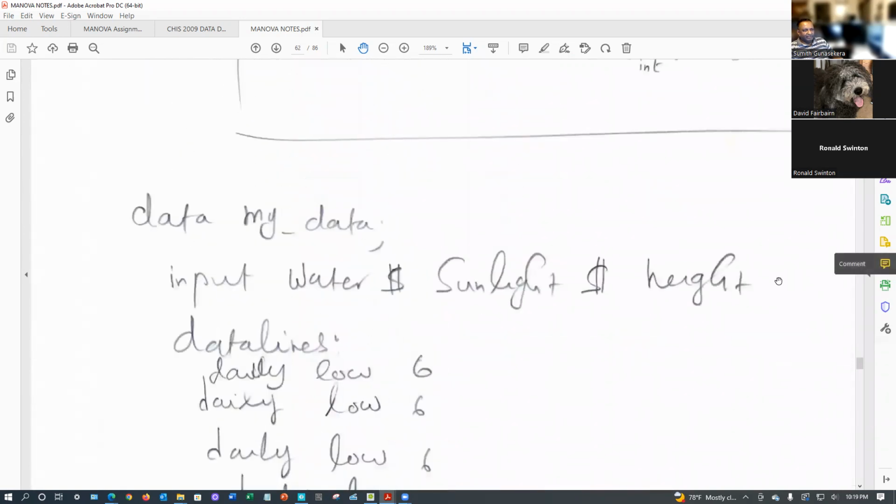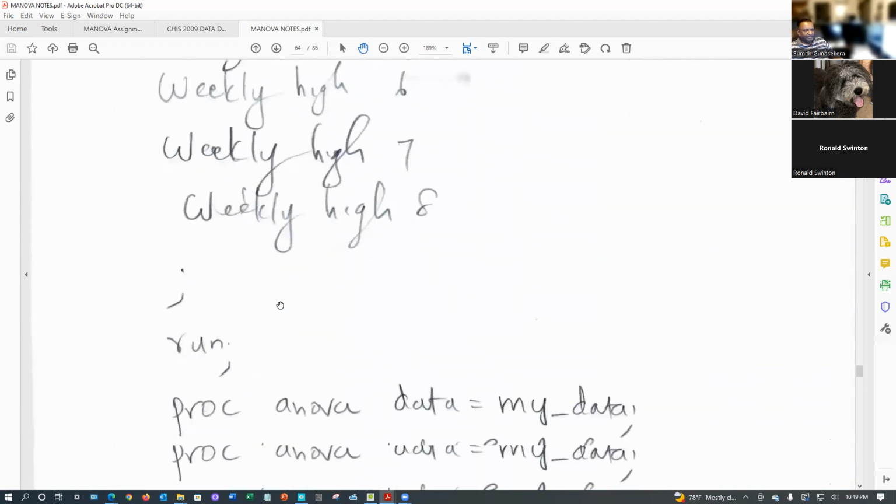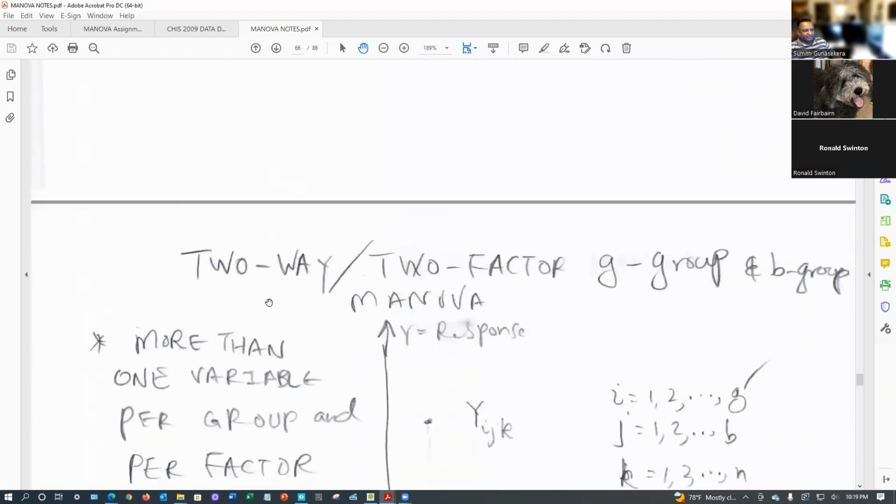And that's the response variable, only one variable, so it's univariate. These two determine the 2 factors: one has 2 levels, one has 3 levels.